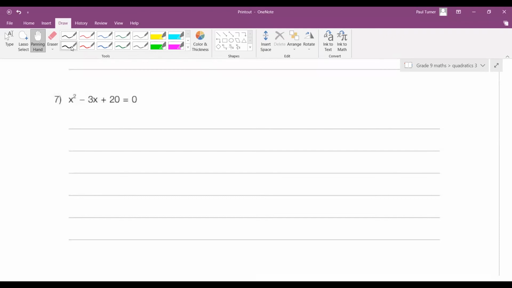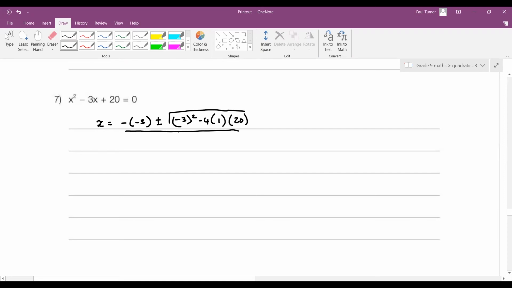So let's try putting the numbers in. So we have x equals minus b, minus -3, plus or minus the square root of b squared, which is minus 3 squared, minus 4 times a, which is 1, times c, which is 20, on 2a.